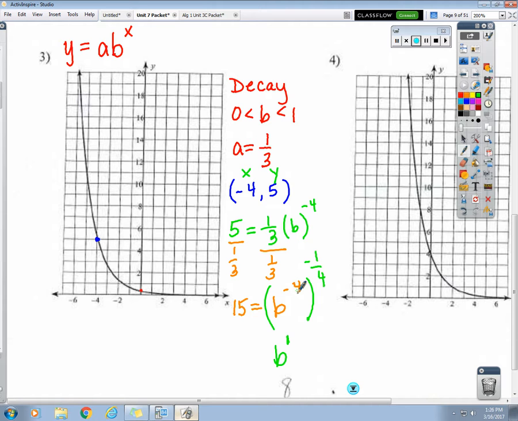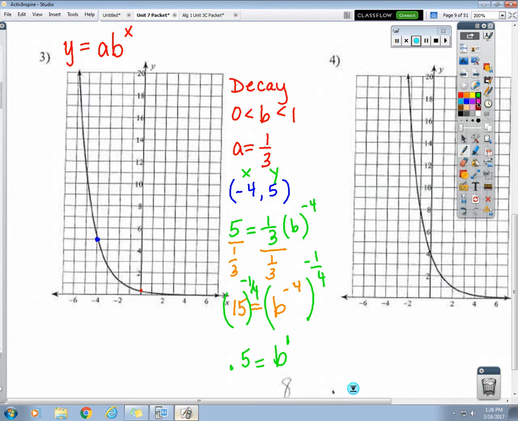If you want to cancel out an exponent, just raise it to its reciprocal. -4 times -1/4 is just positive 1. And so now though, since we raised this side to the -1/4, you have to raise 15 to the -1/4. And what is 15 raised to the -1/4 power? .5, so about 1/2. And isn't .5 between 0 and 1?